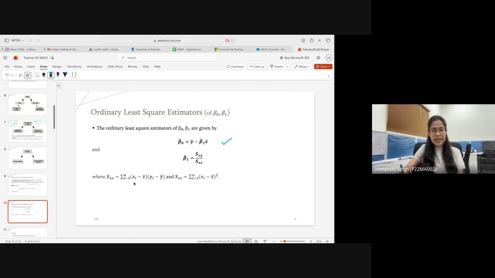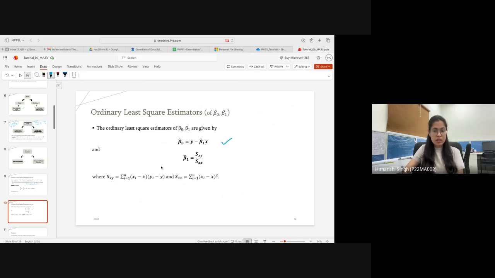We know the xi's, we observed x1, x2, xn, and x bar is nothing but their mean. We also observed y1, y2, yn, so we know y bar also.